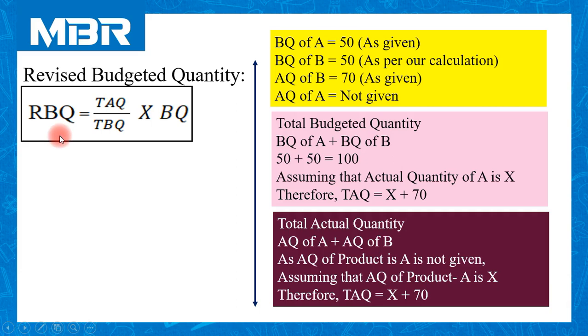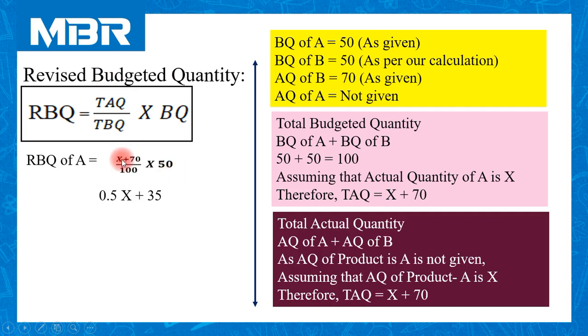Now using this, let us calculate revised budgeted quantity. So revised budgeted quantity of A is 0.5x plus 35. Just to solve your confusion, let me insert the data in the formula. TAQ x plus 70 divided by TBQ 100 multiplied by budgeted quantity of A, it's 50.